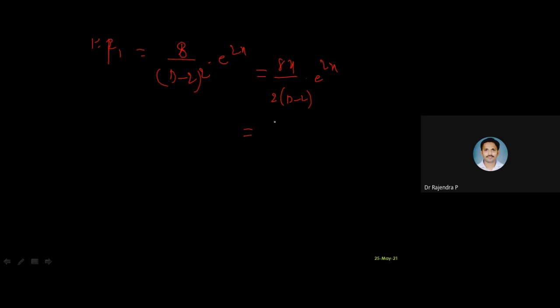So this will be 4 times x by D minus 2 into e power 2x, correct? Again, if I substitute, I'm getting 0, so we have to supply one more x to the numerator. So 4x square, derivative for this is 1 into e power 2x. So 4x square e power 2x is your answer for this part, PI1.